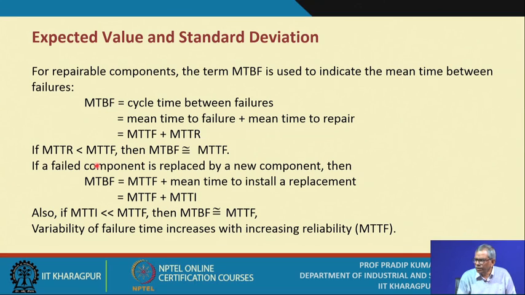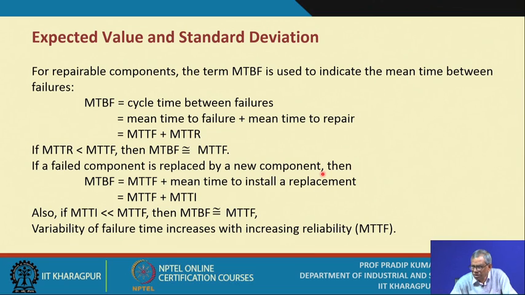Then what you can say, that means approaching 0, so you might say that MTBF is nothing but MTTF. But if this repair time is substantial, obviously MTBF is greater than MTTF. Is it clear?